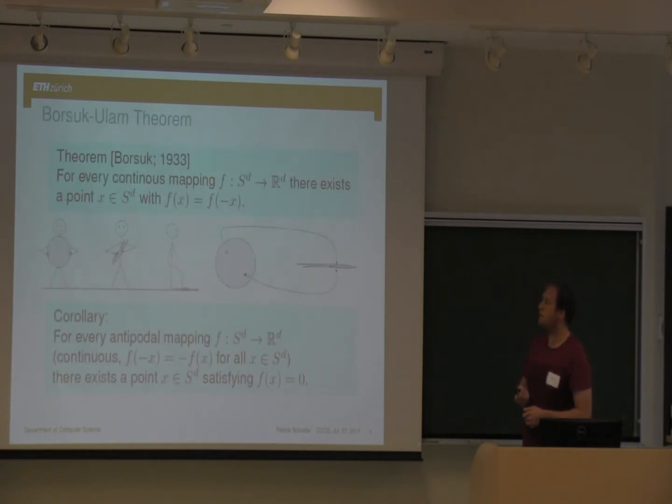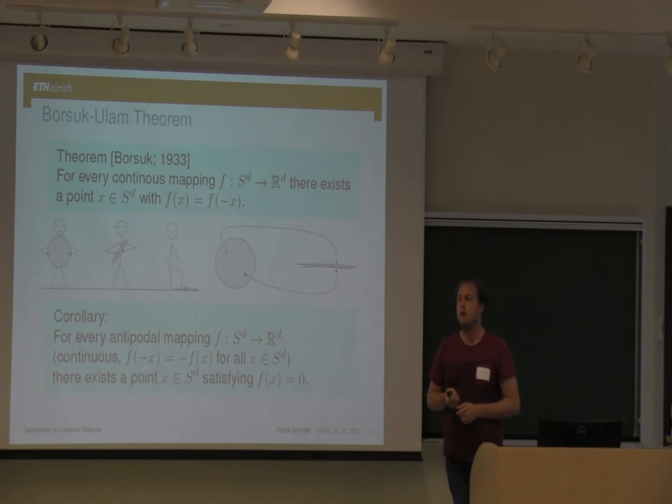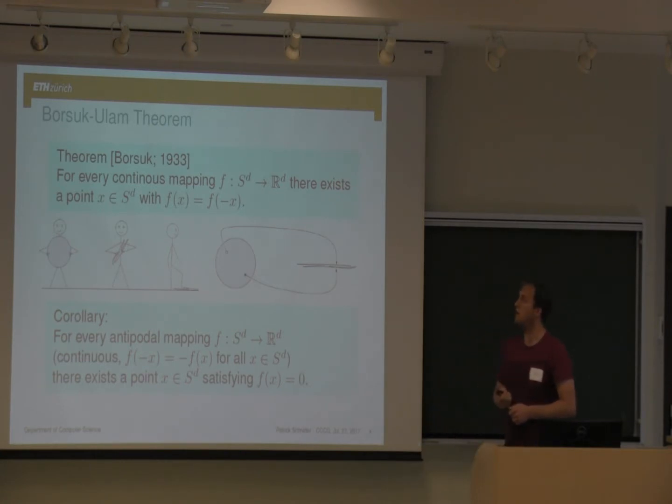All right, so let me recall a proof for the ham sandwich theorem using a topological argument, and a topological theorem called the Borsuk-Ulam Theorem. This theorem from the 1930s says that if we have some continuous mapping from the d-dimensional sphere to d-dimensional space, then there are 2 antipodal points that have the same value.